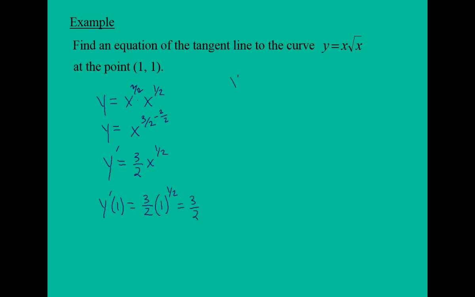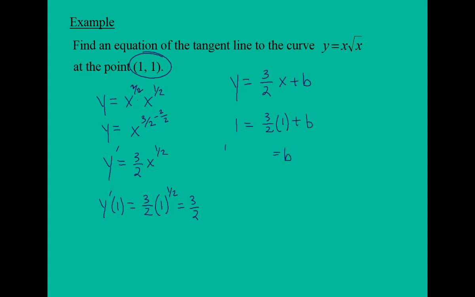So the equation of the tangent line, we have so far that the slope of the tangent line when x equals 1 is 3/2. And we need to find our b, so we can plug in 1 for y using this point, and 1 for x, and now we can solve for b.